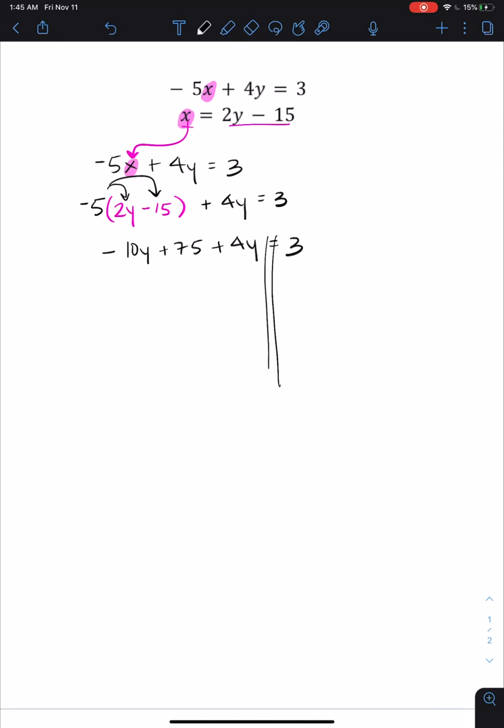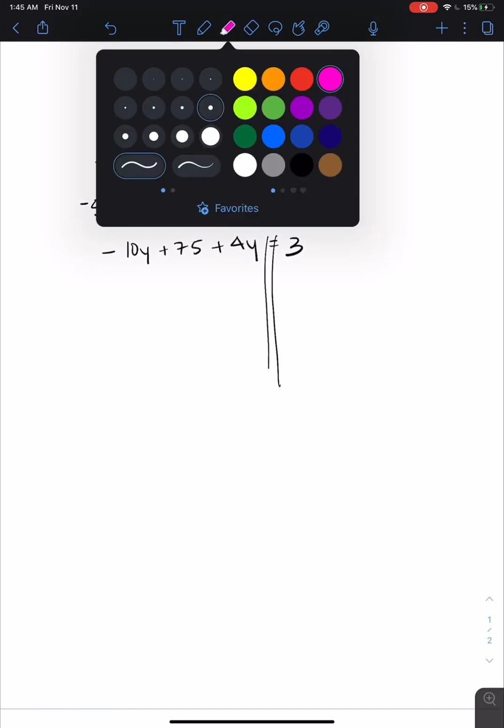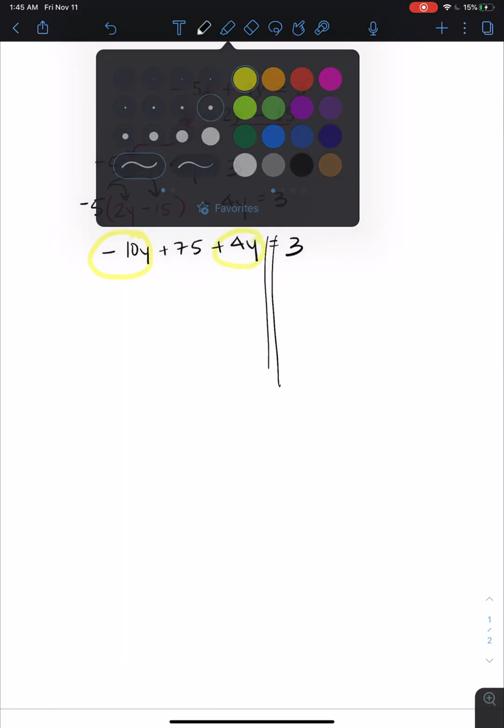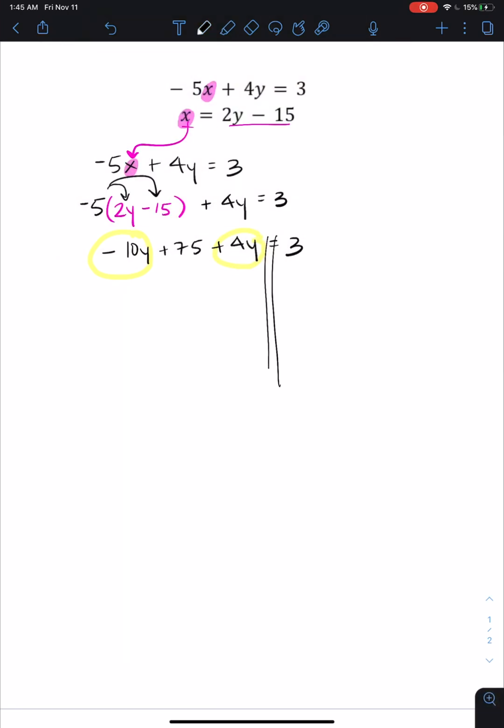I'm going to draw a wall around my equal sign. This is going to help me see that on the left-hand side, I can combine like terms, negative 10y and 4y. So the negative 10y plus 4y leaves us with negative 6y plus 75 is equal to 3.